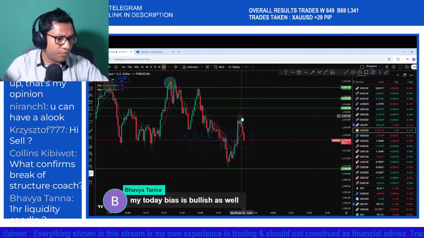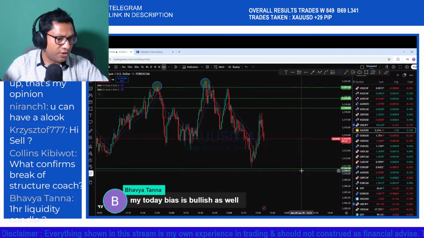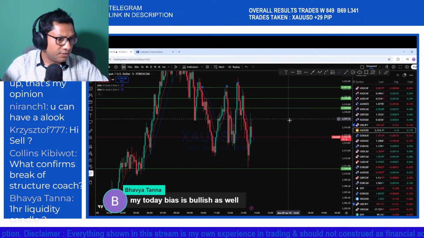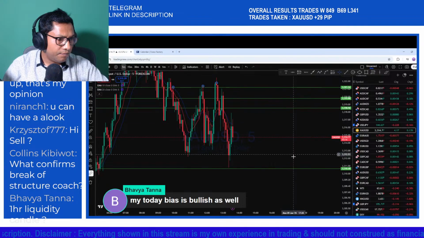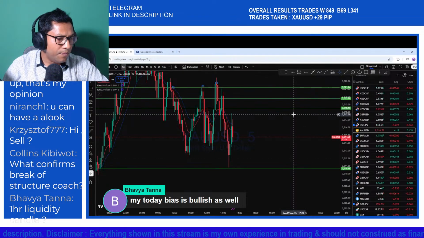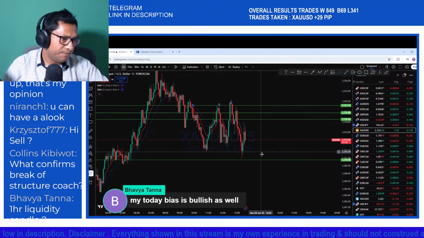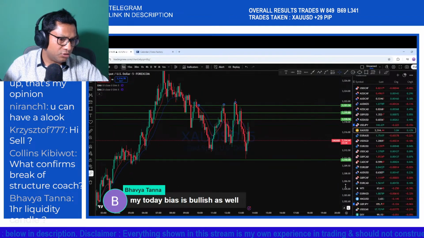We can see that from here it is slowly trying to push down, and because it's one single move back to the upside, we may see the market potentially drop here to the support level.